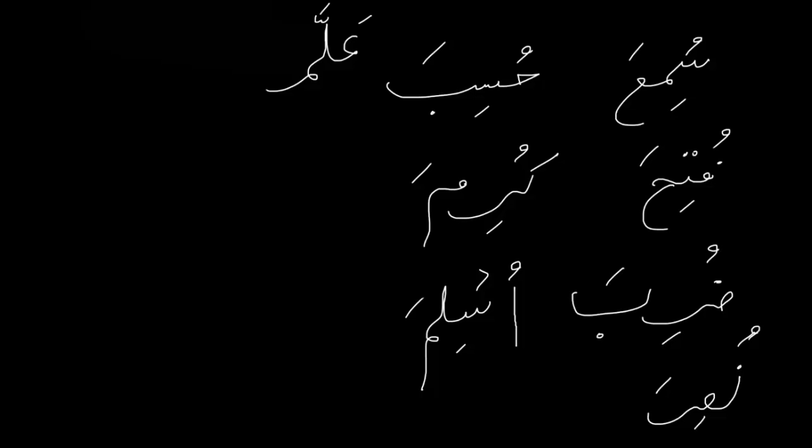Let's say he was taught. It becomes ullima. Then we have jahada. Jahada is a little different; you have to say juhida. And because you have to say juhida, it's not going to have an alif, it becomes a waw. Juhida.